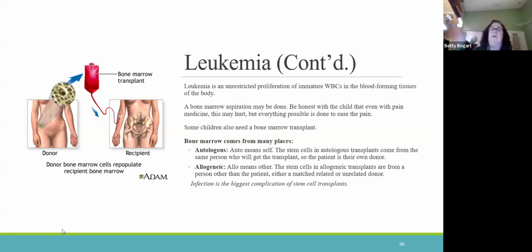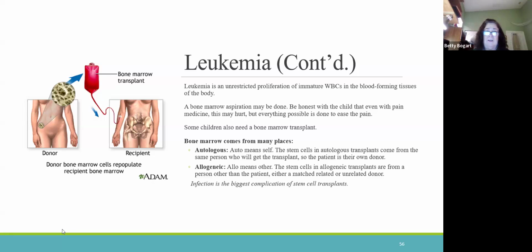The other one is all the others. It does not have to be matched with blood types. They do say that siblings are the next best after themselves.